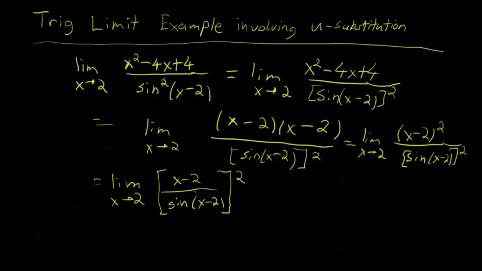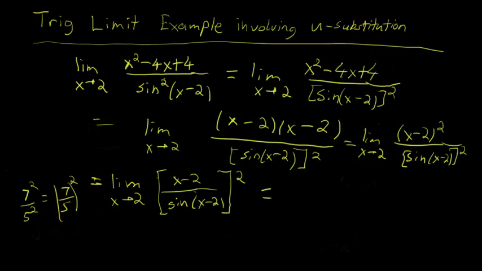Because if you remember, I'll give you a numerical example, like 7 squared over 5 squared. It's the same thing as 7/5, that entire thing squared. Okay, so hopefully that makes sense.